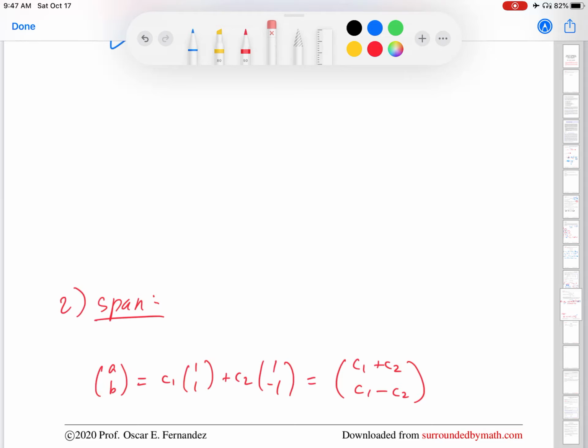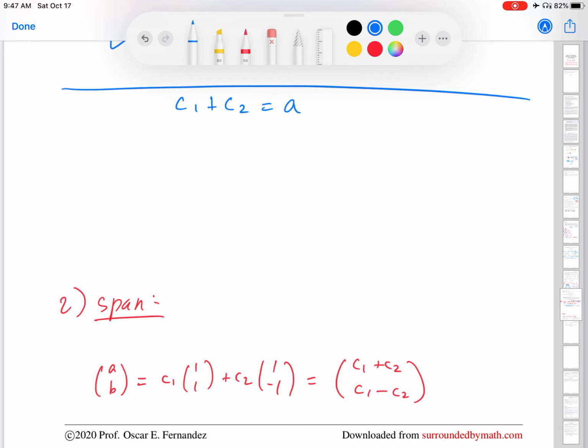So what is the new system that I'm left trying to solve? Well, if I compare the first component of the right-hand side with the first component of the left-hand side, I get c1 plus c2 is a. The second one is c1 minus c2 is b.